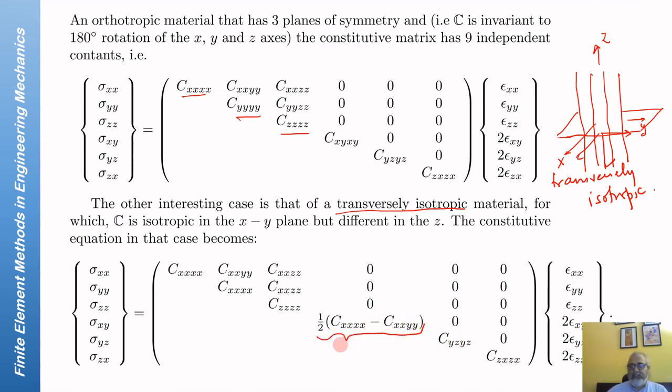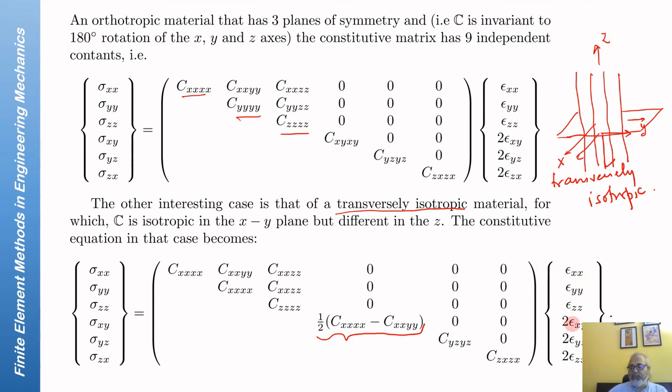Note this shows that C1212 is actually related to C1111 and C1122 for this transversely isotropic material.